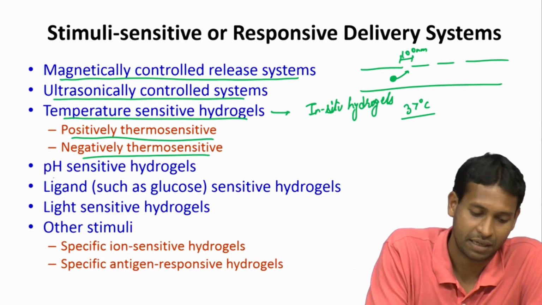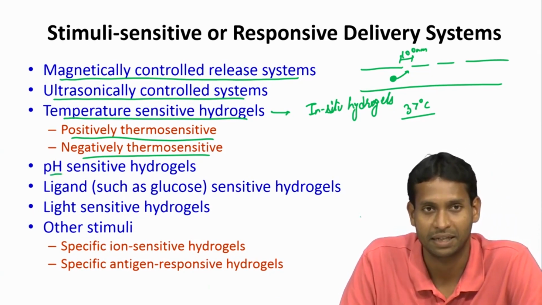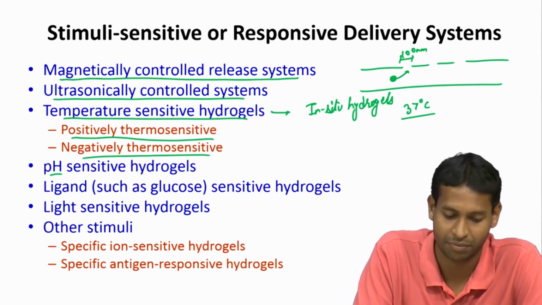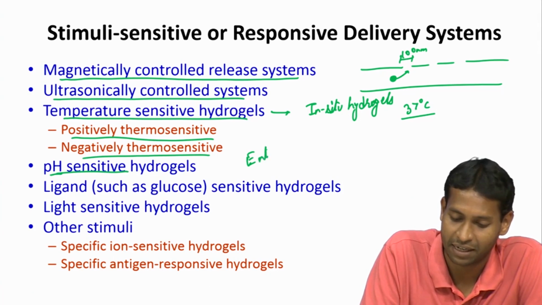Then we can think of pH sensitive hydrogels. Again these are some of the systems we talked about, not particularly hydrogels but pH sensitive systems. We had learned about enteric coatings.